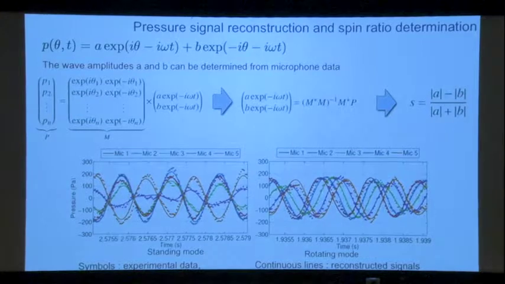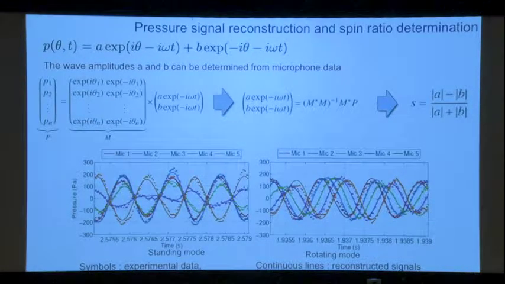And how does one characterize that? Well, using the spin number. Now, how does one get A and B? In fact, the problem is to get these two amplitudes. And once you get the two amplitudes, you can calculate the spin ratio. You have a signal on 5 microphones, but you only have to get two quantities, A and B. And you know that the pressure P1 is equal to exponential i theta 1 times A times exponential minus i omega t, plus B exponential minus i theta 1 exponential minus i omega t.